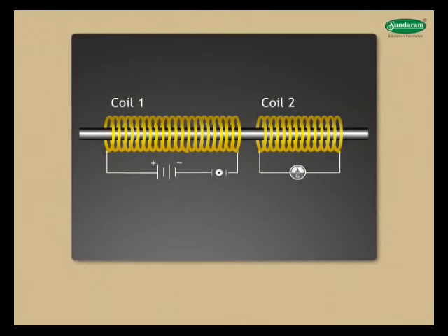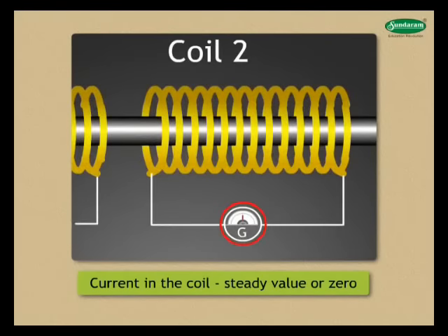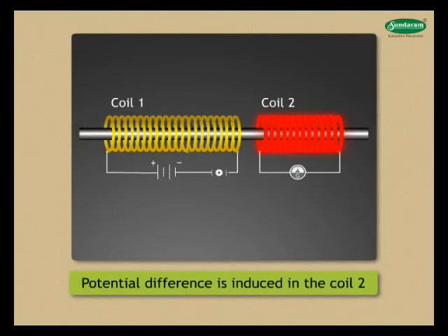Here it is seen that if the current in the coil reaches either a steady value or zero, the galvanometer connected to coil 2 shows no deflection. Thus, a potential difference is induced in coil 2 whenever the electric current through coil 1 is changing.